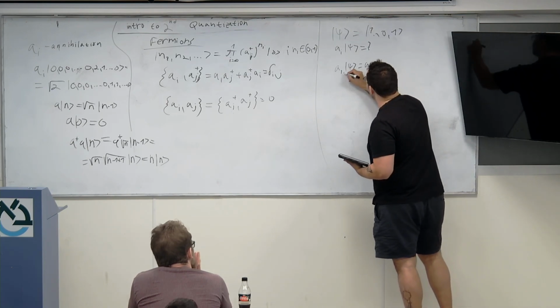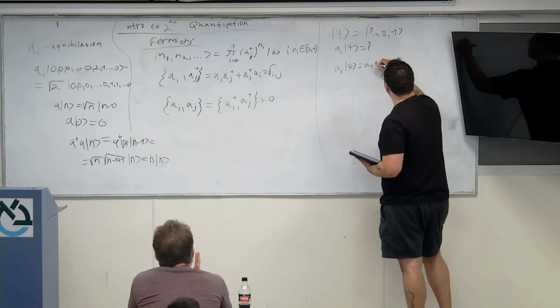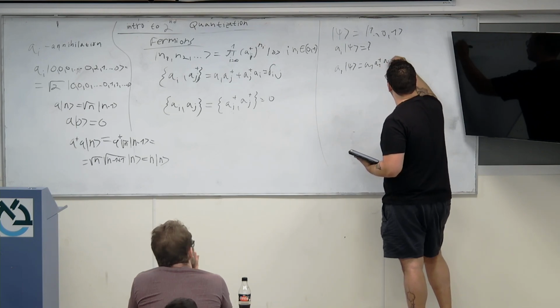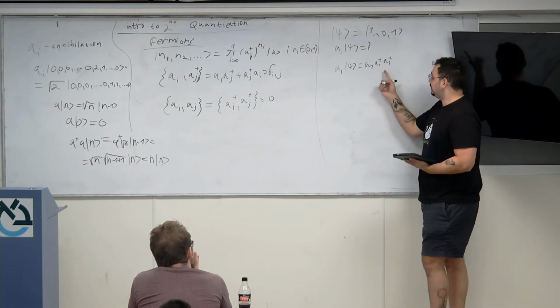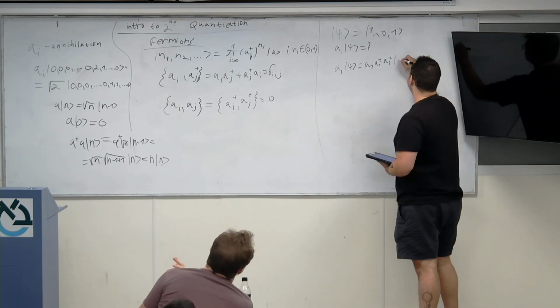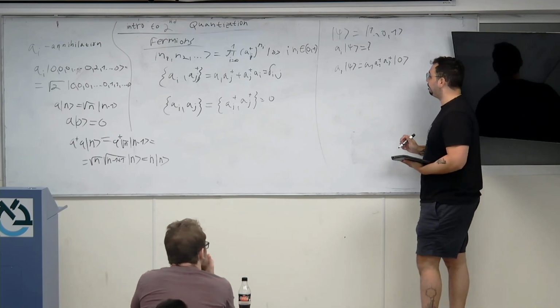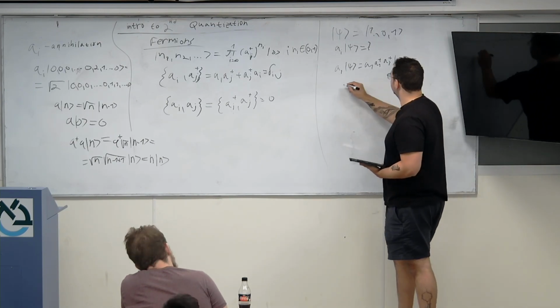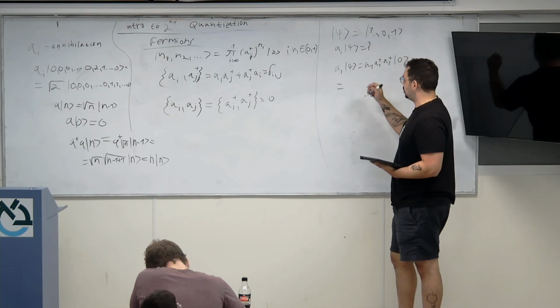Let's already start with A1. A1 A1† A3† on the vacuum 0. Note that I start from the end. Again, I'll switch between them.